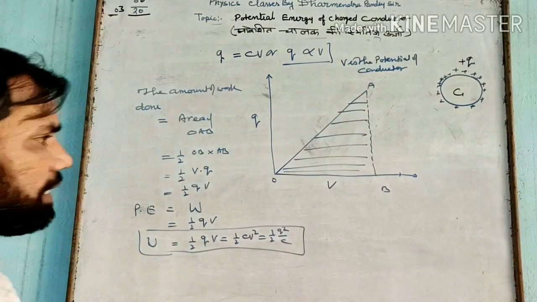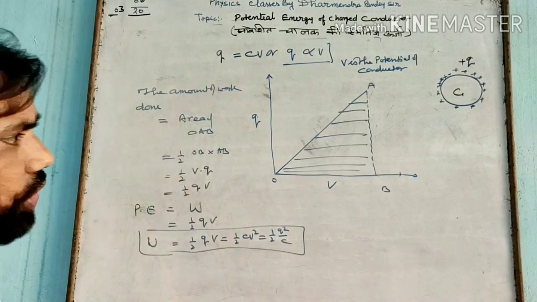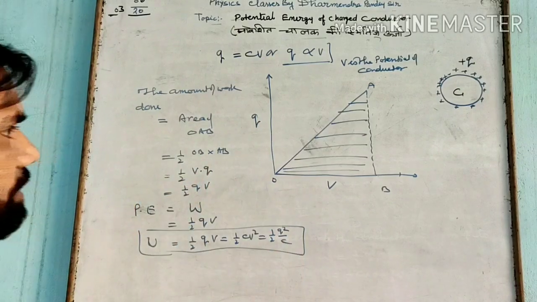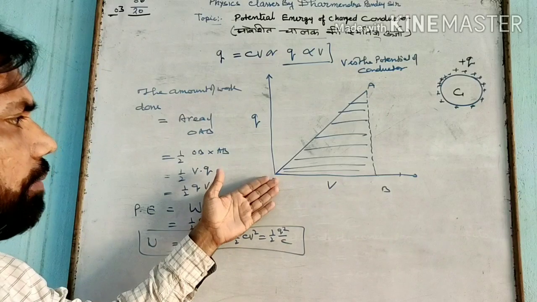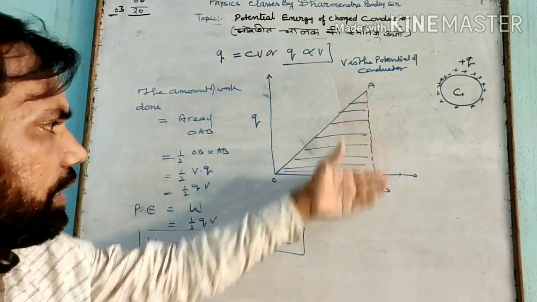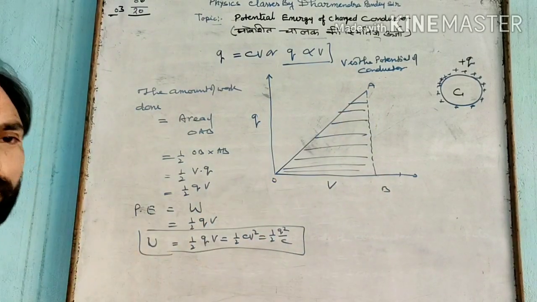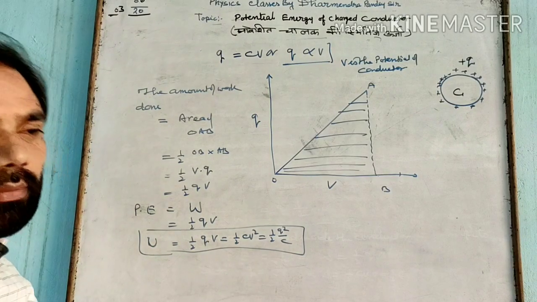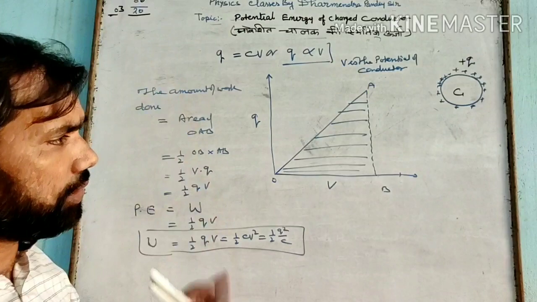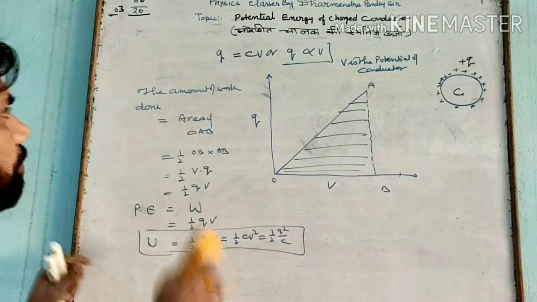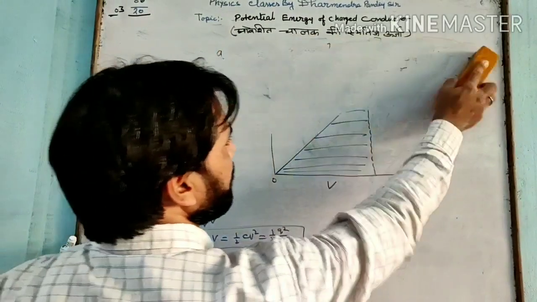As Q increases, potential increases, and this graph is a right angle triangle, and the area of the graph gives us the information about the work done in charging the conductor. Now let us discuss the same problem with the third method.